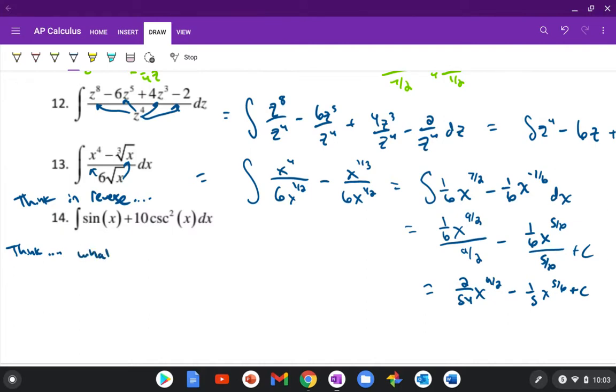what function, when I take the derivative, will give me sine? Now, there isn't actually a function that gives you sine when you take the derivative.